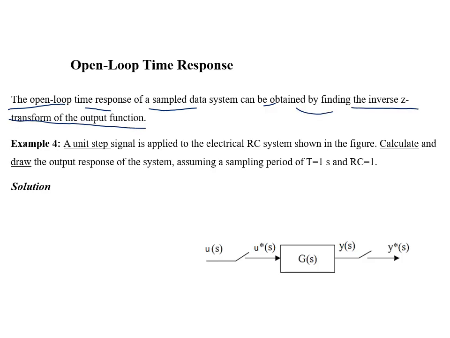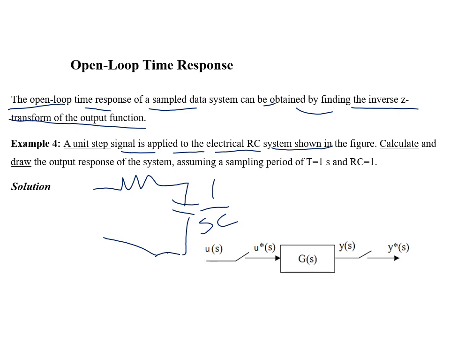A unit step signal is applied to an RC circuit as shown in the figure, which is a resistor R and a capacitor with impedance 1 over SC, with V input and V output.